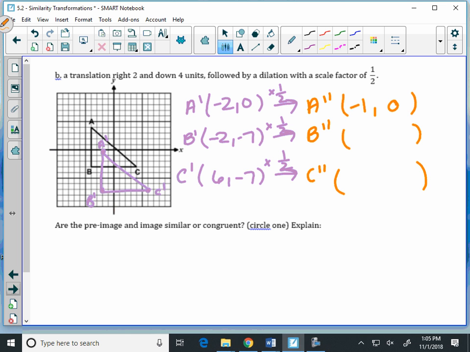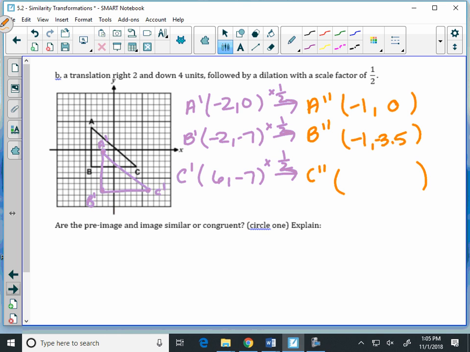Then what do we get when we multiply B prime by 1/2? Zoe? Good. -3.5. And again, it's okay to write it as a decimal. I encourage you to write it as a decimal, because as a fraction, that's -7/2, and that's harder to tell where it is on the coordinate plane.